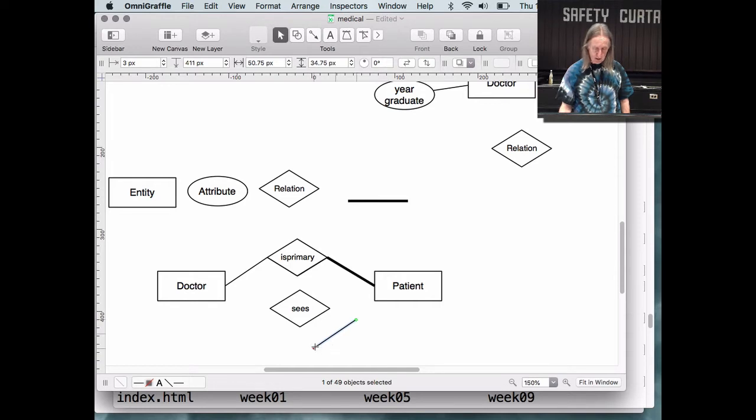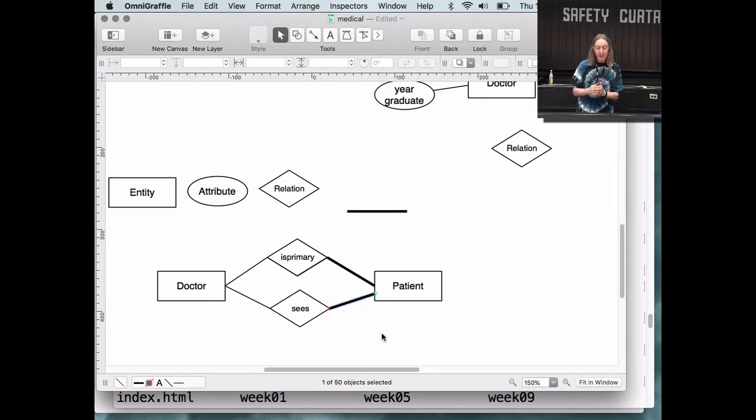Alright, doctor sees a patient. If you're a patient, it's because you're seeing a doctor. So I would argue, wow, that's pretty weird. I would argue that this also has to be total participation. So something like that.